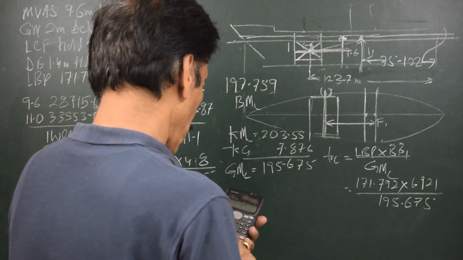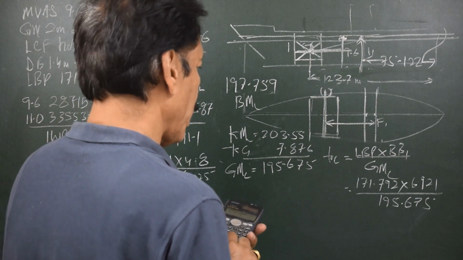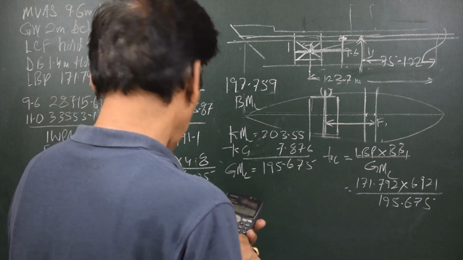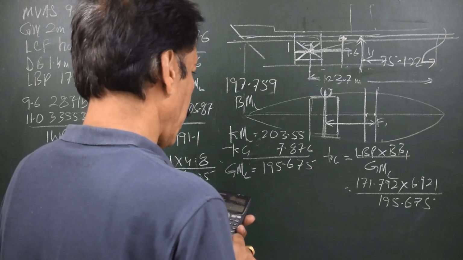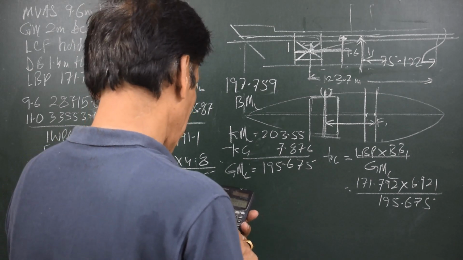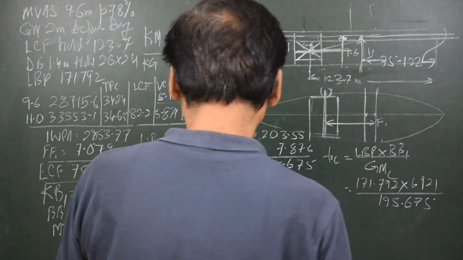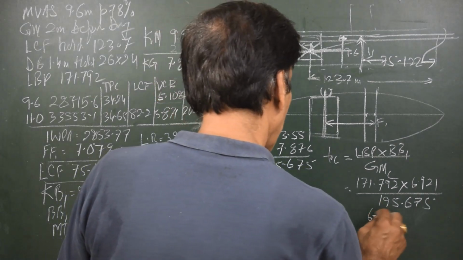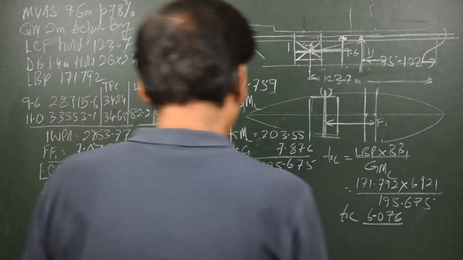So 171.792 into 6.921 divided by 195.675 gives me trim change is equal to 6.076. That is the trim change.